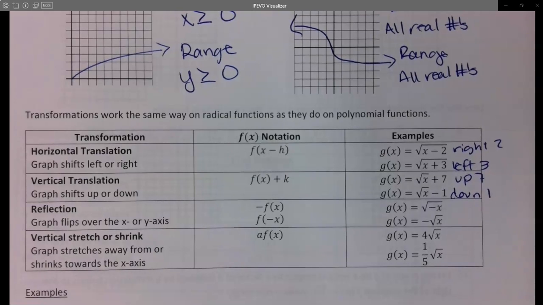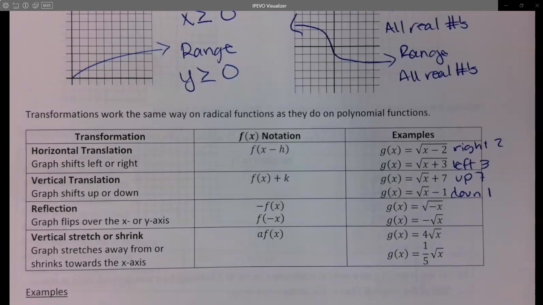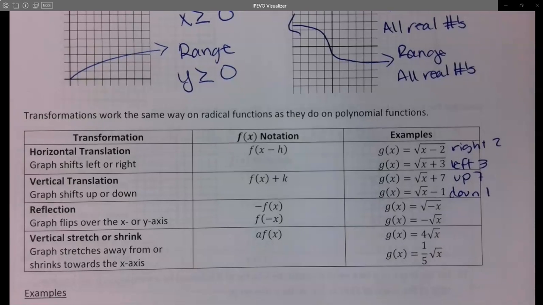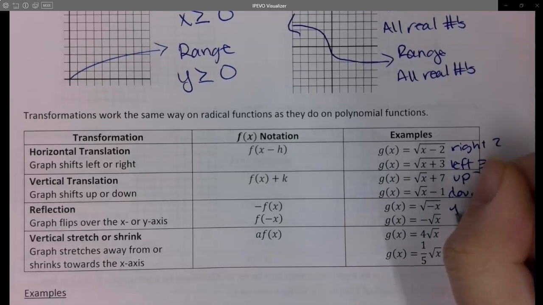Okay. I have my 2 reflections. One is across the x-axis, one is across the y-axis. The one inside the radical is the y-axis.